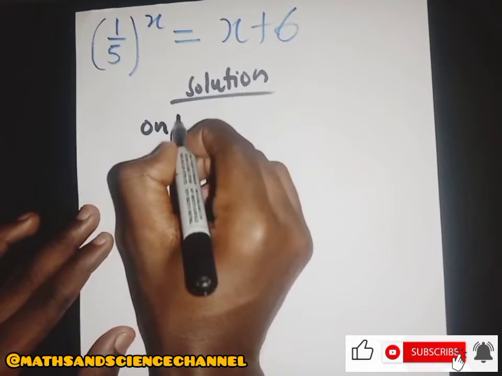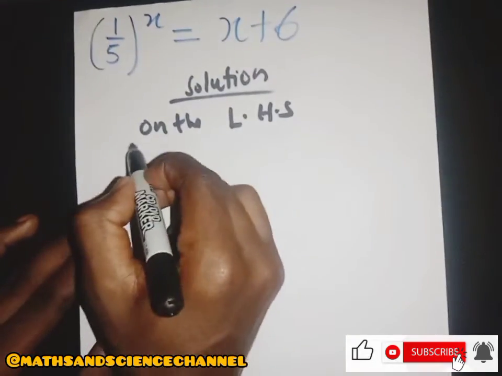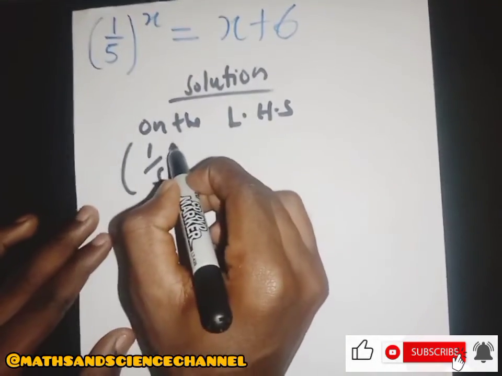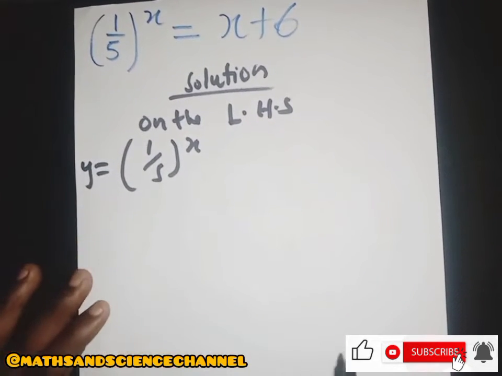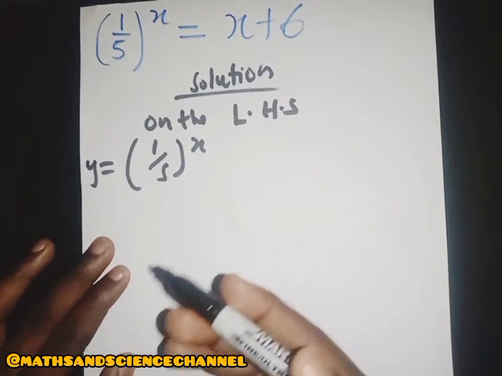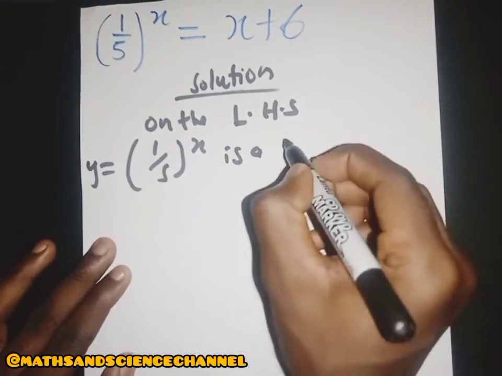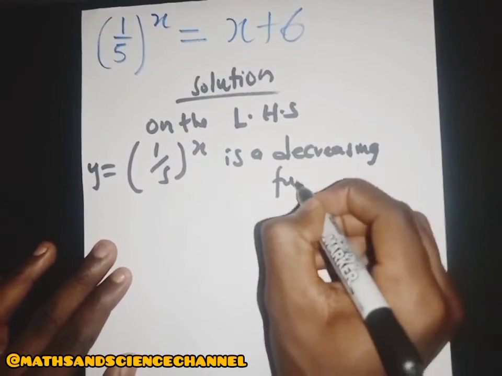So on the left hand side, which is (1/5)^x, let's say y equals (1/5)^x. We realize that when we graph this function, it is a decreasing function, right?